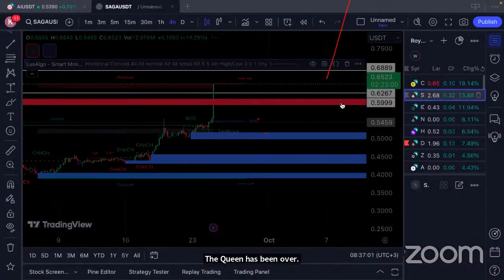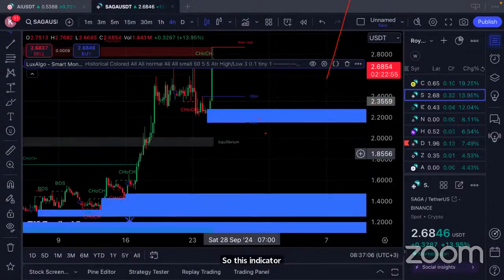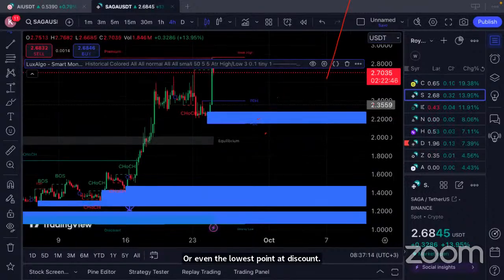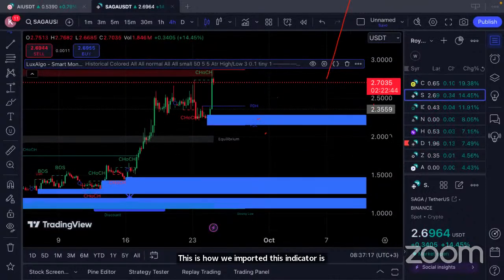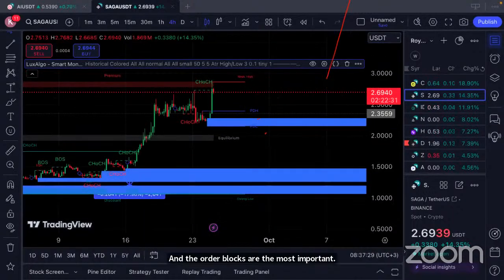You can continue with your coin. So this indicator helps you: equilibrium, premium, or even the lowest point at discount. That's how important this indicator is. So for me, as Julius Cavanda, the equilibrium, the discount, and the order blocks are the most important tools to use on this indicator.